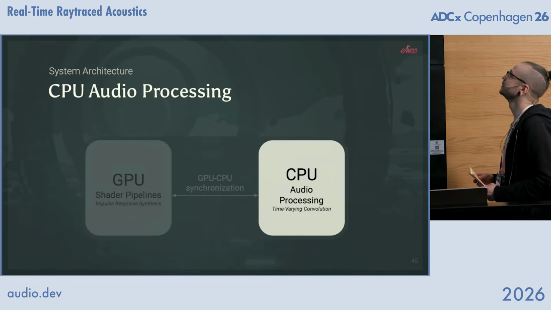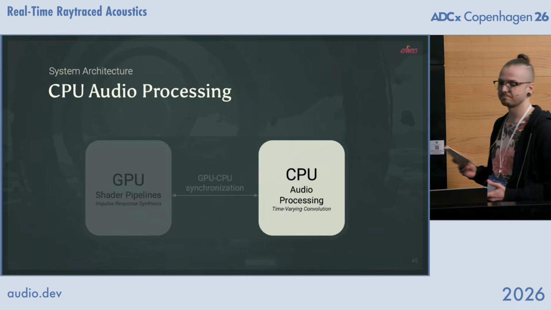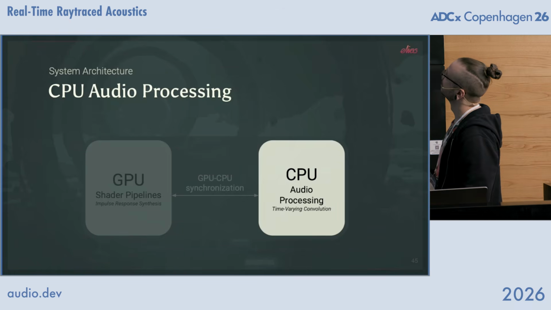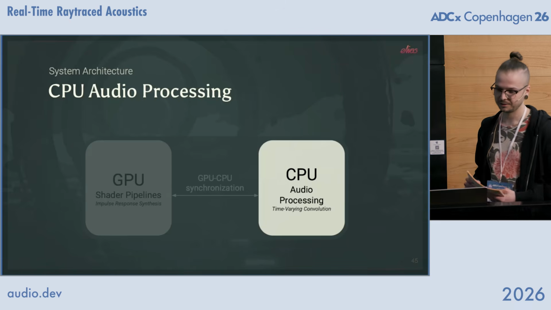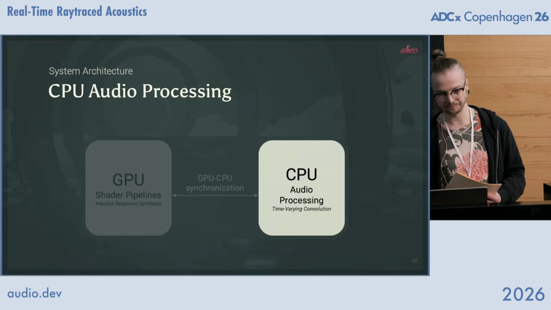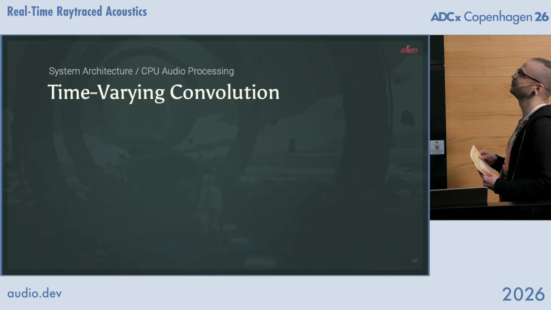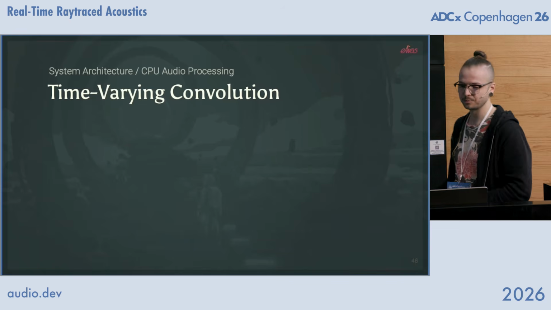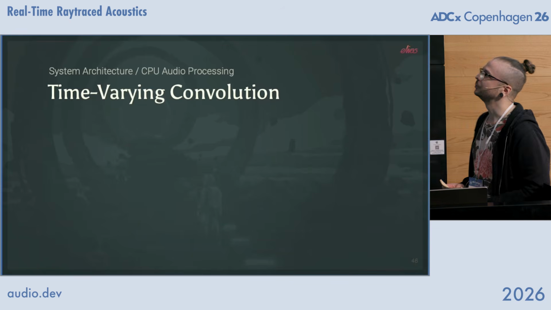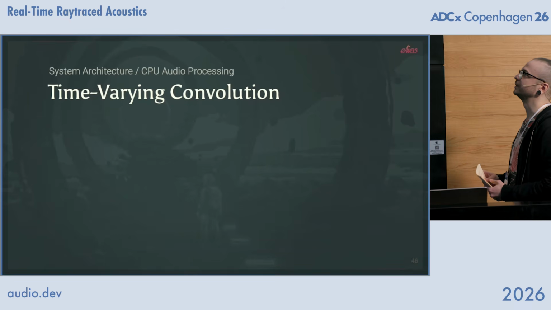Okay, so on the CPU side, we use that impulse response produced by the GPU to apply the acoustics in a convolution reverb. The thing is that if you would just swap the impulse response as audio is playing, you would get audible discontinuities.